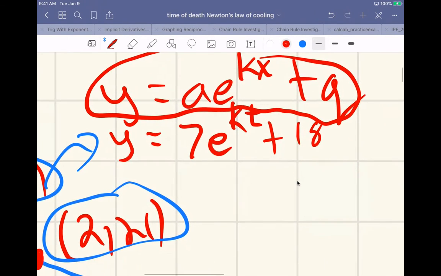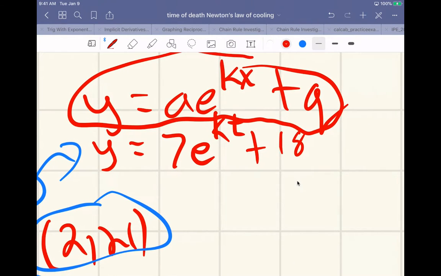So when we go through this, it's easy to figure out A, because A is the amount of temperature that can decay. So when they first measured temperature, it was 25, and they know that the room temperature is 18, so the maximum amount of change is that 7. And then again, there's the asymptote 18.